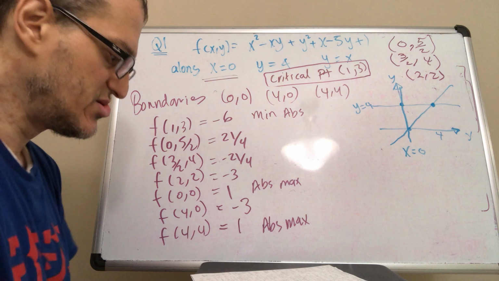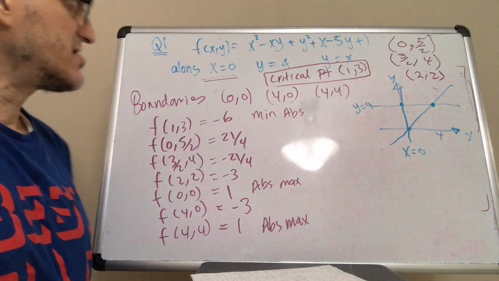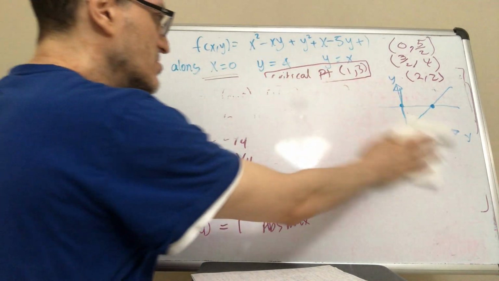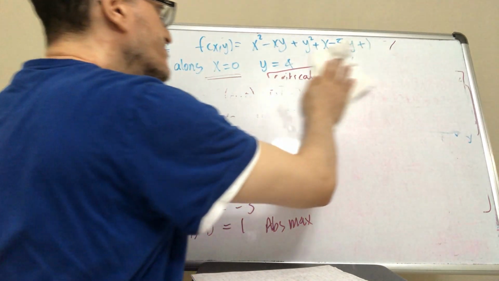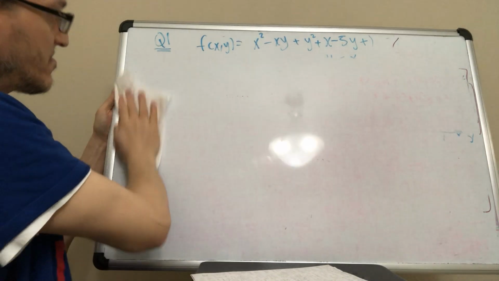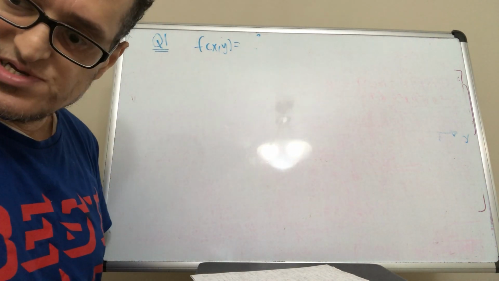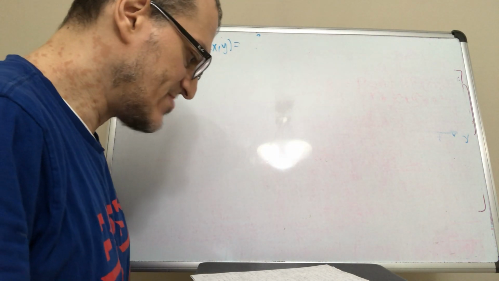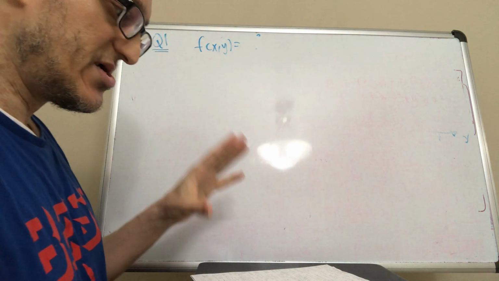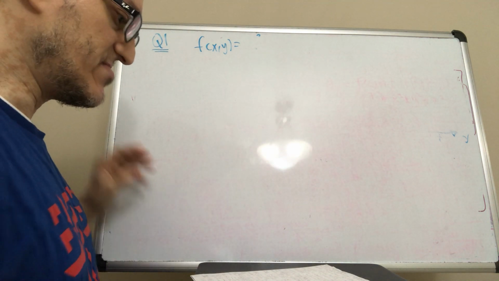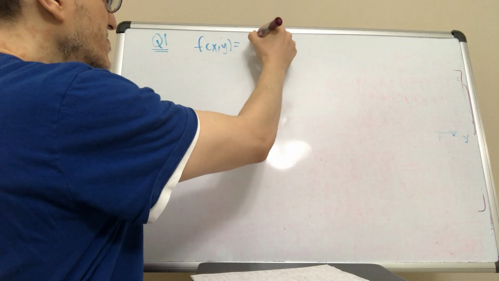So question 2 is also another example of absolute max, absolute min. The question is, find the absolute max and absolute min, again, the key word here, for the curve.